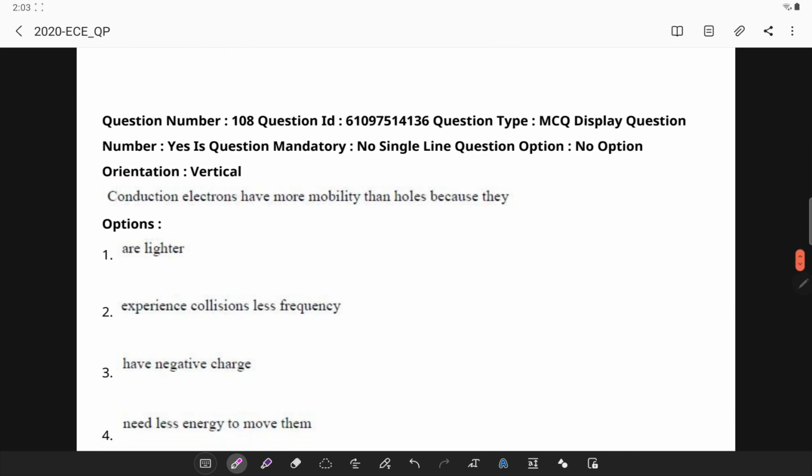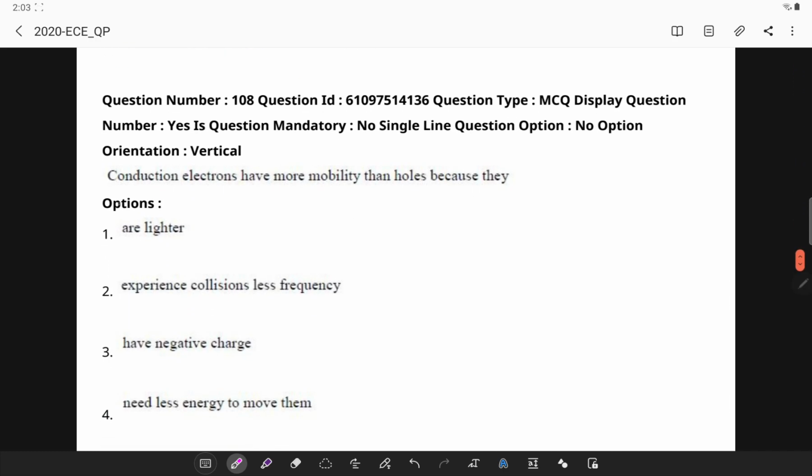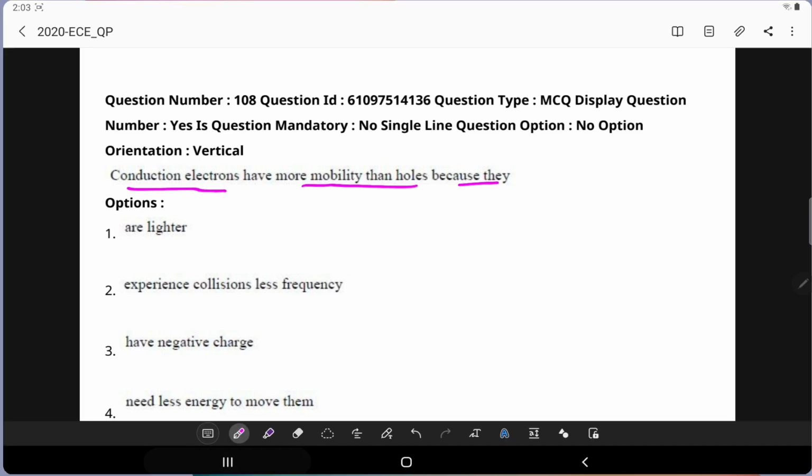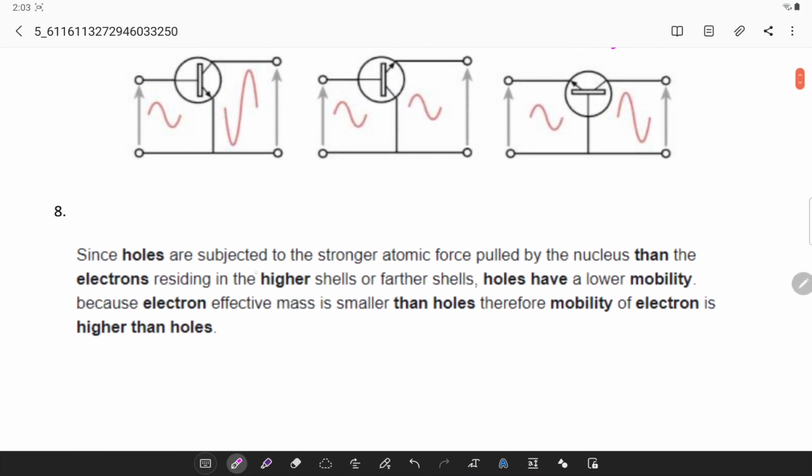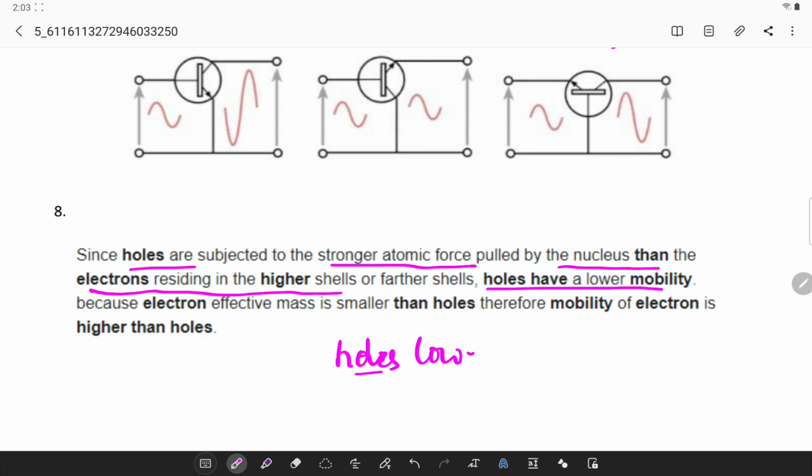In conduction, electrons have more mobility than holes because, see this, holes are subjected to a stronger atomic force pulled by the nucleus than that of electrons residing in the higher shells. Therefore holes will have lower mobility.